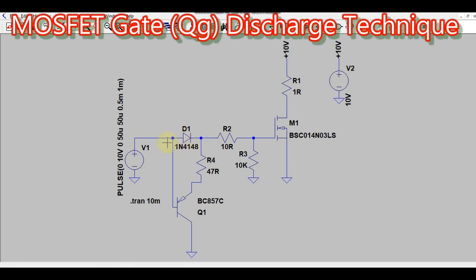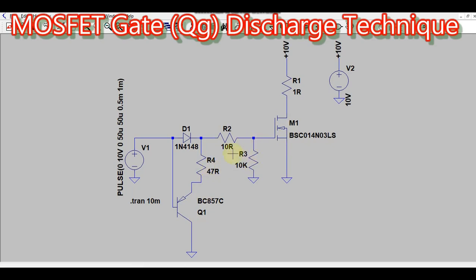So this PNP transistor turns on, since the emitter is at higher potential than the base, and the current starts flowing through emitter to collector likewise. Okay, that is how the gate gets a discharge path by using this Q1 transistor and R4 resistor.